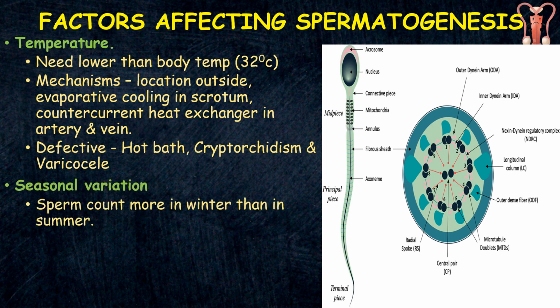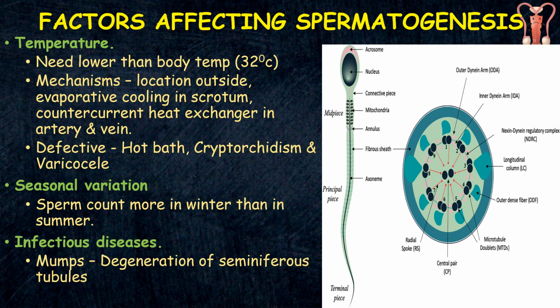And then the seasonal variation in sperm count can happen. They have observed the sperm count is greater in the winter season than in the summer season, irrespective of the temperature to which the scrotum is exposed.